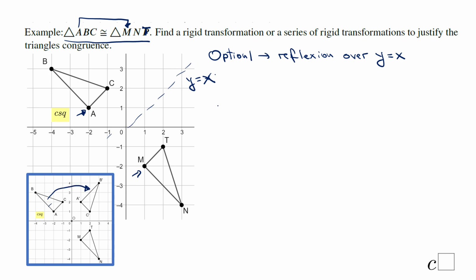So this is option 2, which has two rigid transformations. Rotation (90°), and you notice we go this way, which is clockwise around the origin.